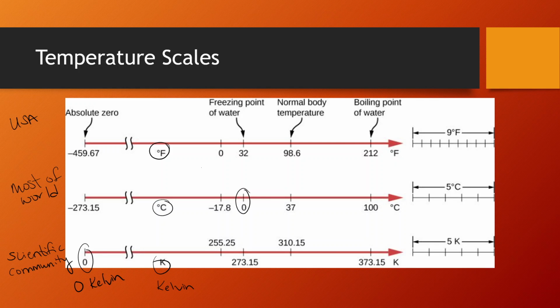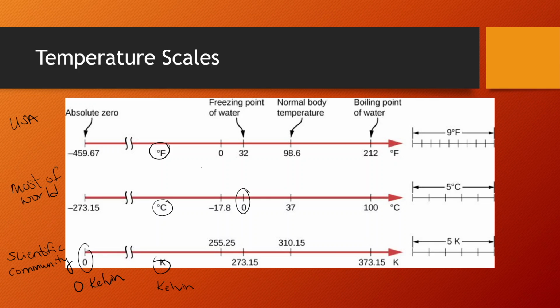So why is it important to talk about these different scales? Well, we need to be able to convert between them all, since a lot of times, maybe here in the USA or most of the rest of the world, we will measure something with a thermometer, and the thermometer will give us a reading in either degrees Fahrenheit or degrees Celsius.